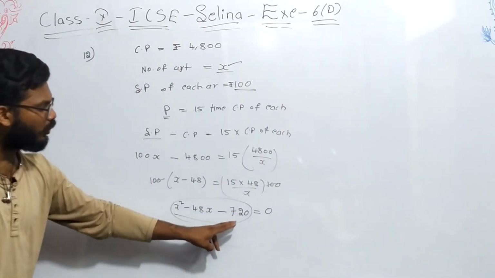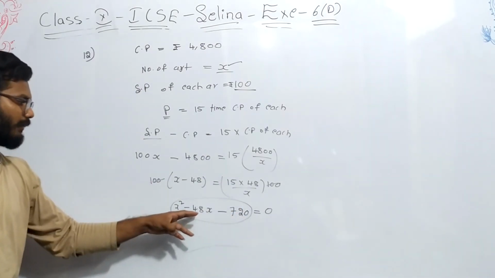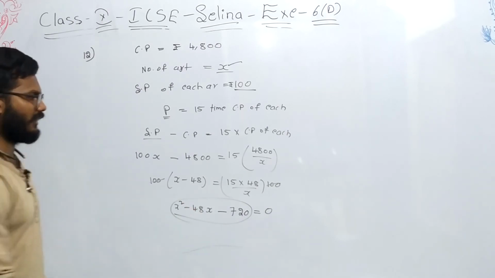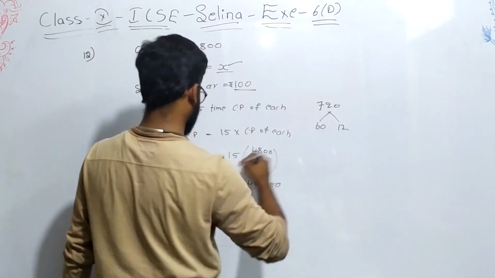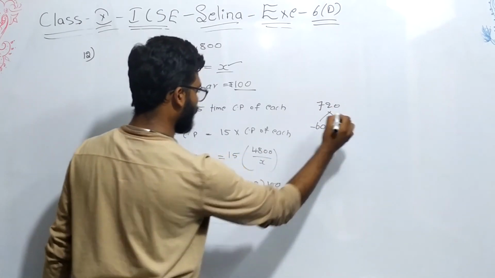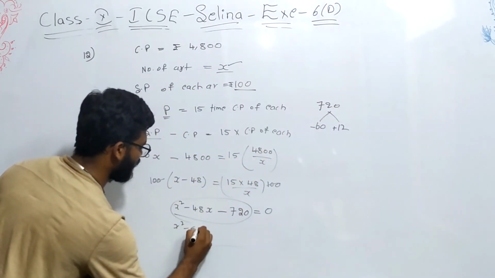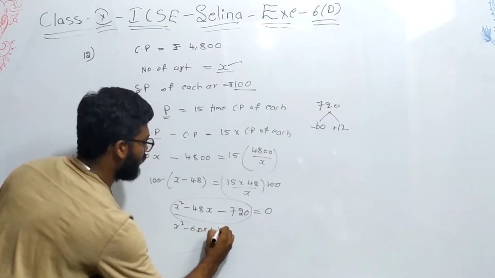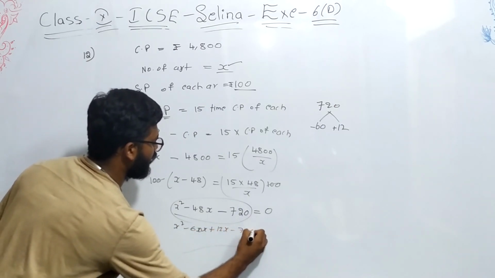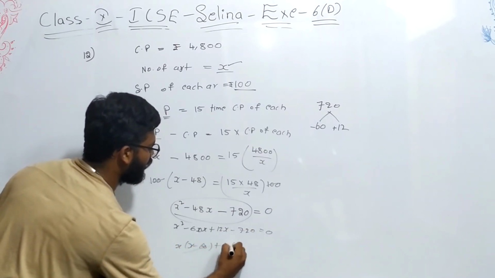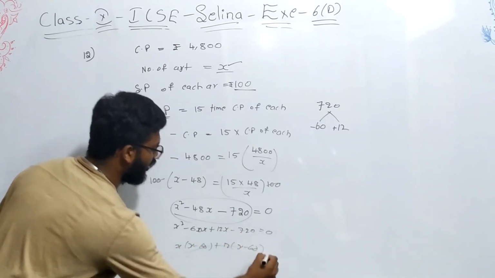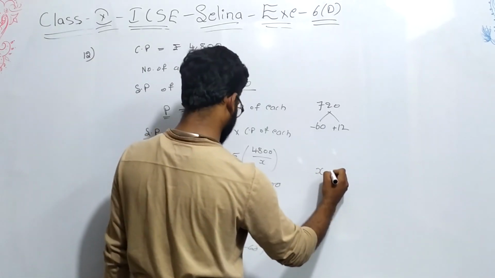We know 12 6s are 72 and 60 minus 12, it is 48. So 720 you can write as 60 into 12, minus 60 and plus 12. So x square minus 60x plus 12x minus 720 is equal to 0. So x into x minus 60 plus 12 into x minus 60 is equal to 0. So we'll get x minus 60 into x plus 12.